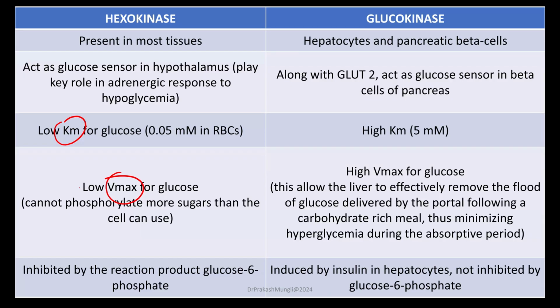It is going to phosphorylate only that much glucose which is necessary for the cell, not more than that. And that's what I have written down there. It cannot phosphorylate more sugars than the cell can use. That is what hexokinase will do. It will make sure even if the blood has more glucose, it will take only what is required.